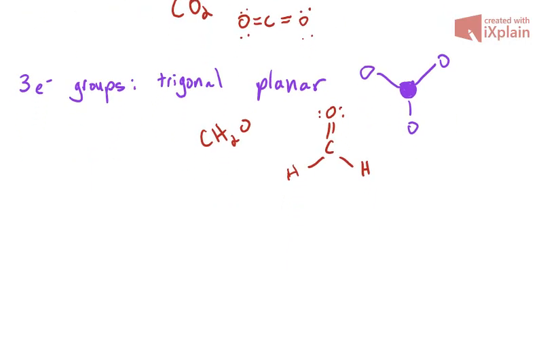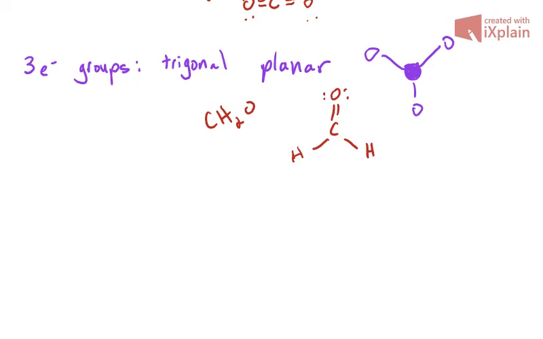4 electron groups. Does anyone remember this one? Tetrahedral. This is where our lunch table analogy falls apart, because now we are no longer in 2D, we are in 3D.